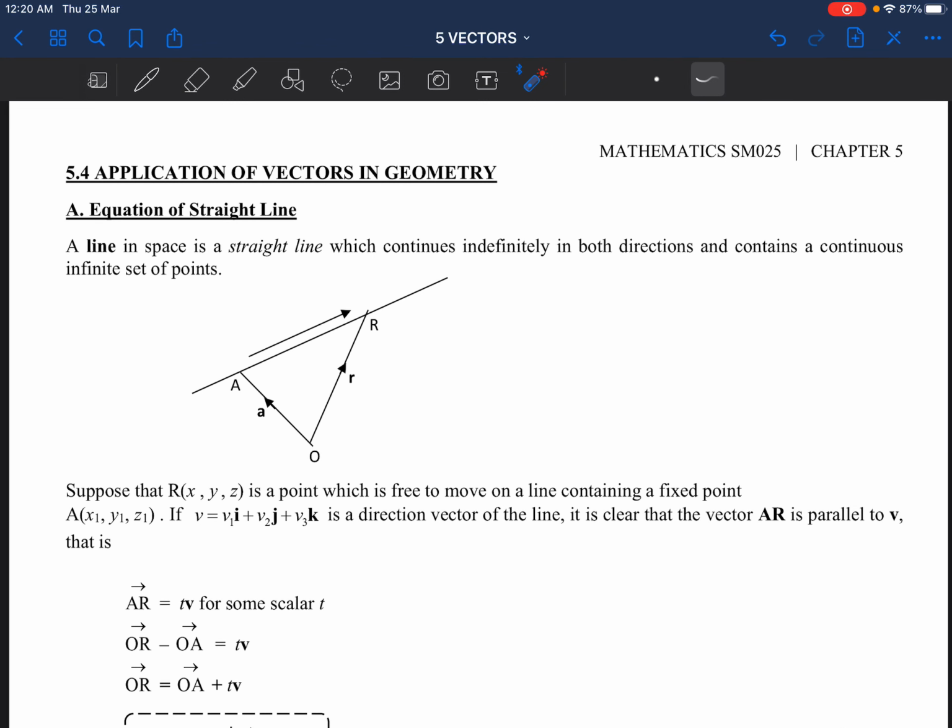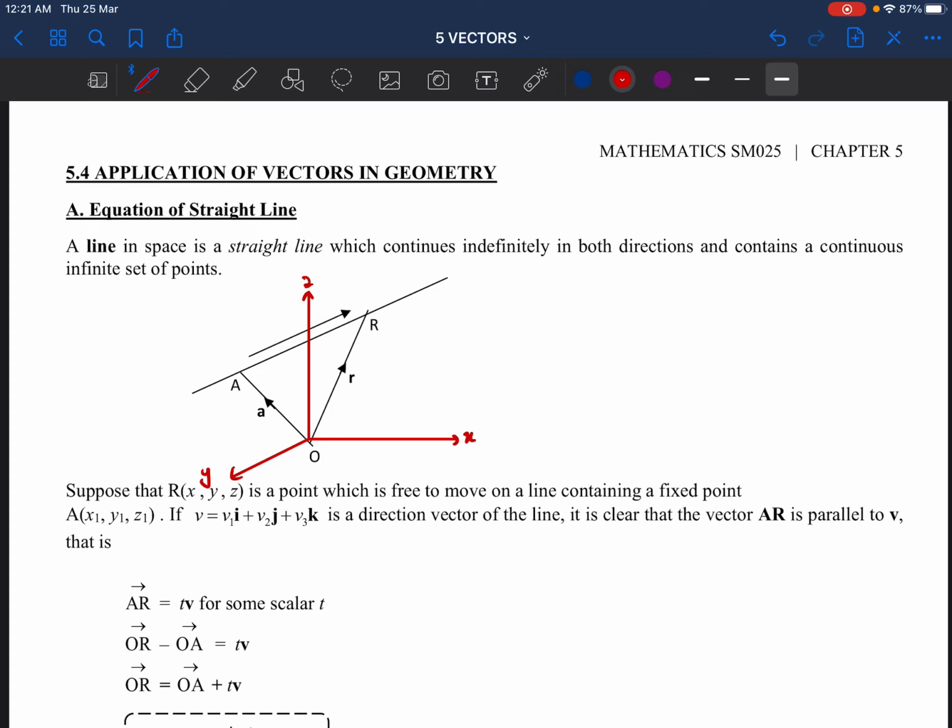So a line in space is a straight line which continues indefinitely in both directions and contains a continuous infinite set of points. Contohnya dekat sini saya lukis axis kita ada z axis and then kita ada x axis kita and then kita ada y axis.